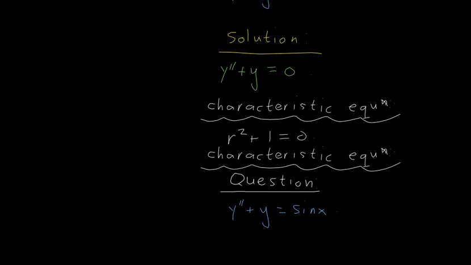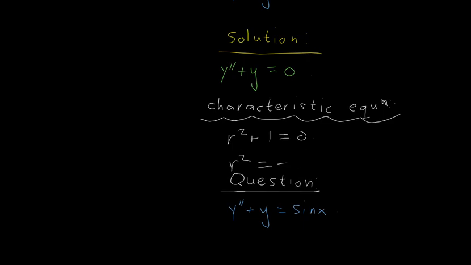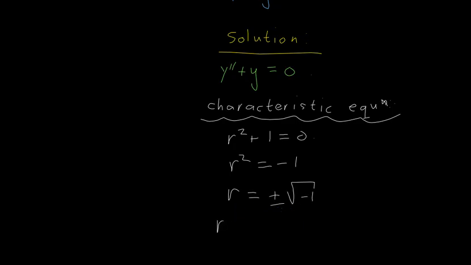So it's just a quadratic. We want to solve for r. Rearrange: r squared equals -1. Take the square root of both sides. We get r equals plus or minus the square root of -1, so r equals plus or minus i. It's a complex number.